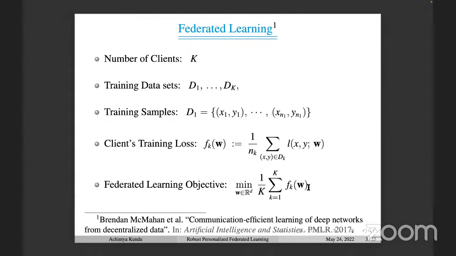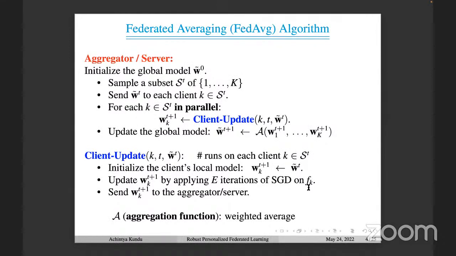So let's look at the first algorithm that this paper proposed, which is known as the federated averaging algorithm. We call it FedAvg. The setup here is the aggregator or the server initializes a model, and then at any particular time instant, only a subset of the clients is available for computing the model.